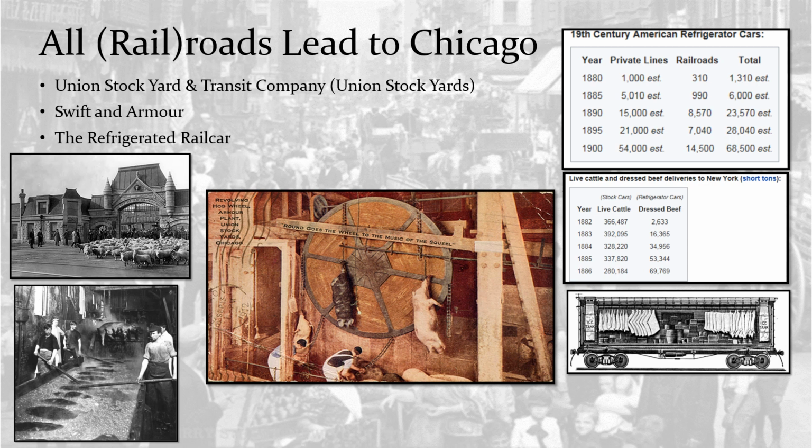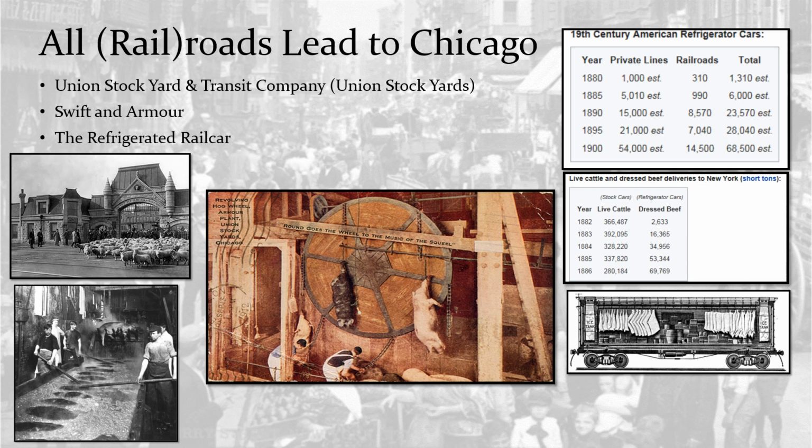Upton Sinclair writes a book, an exposé about working in the Union stockyards. He intended it to be a story about the horrors of the working conditions of the men. Instead, people read it into the way that the meat was being processed. And so Teddy Roosevelt passes the Food and Drug Act, I think it's 1901, that changes the way that the processing procedures are put into place.